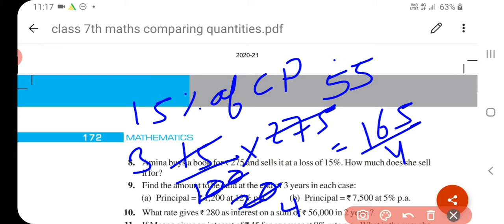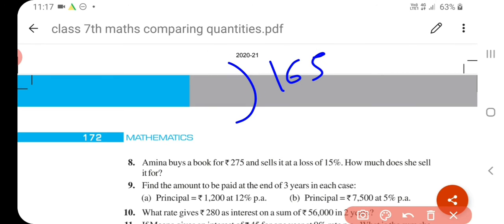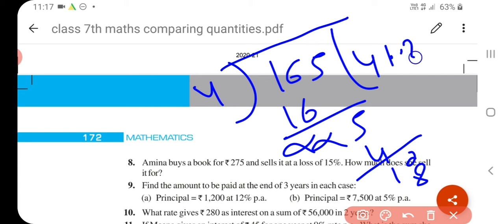When you divide it, 165 divided by 4, so you can get point, then 20. So your answer is 41.25.